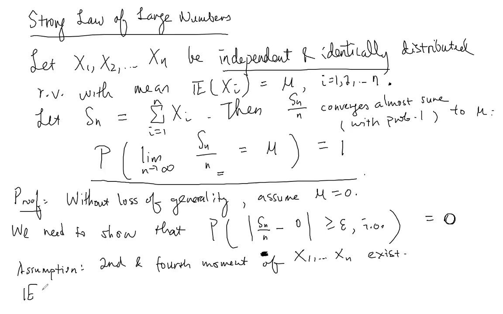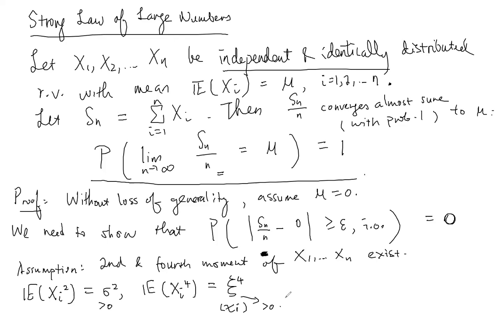And so we have the expectation of xi squared, so this is the second moment, is equal to sigma squared. And the fourth moment is equal to psi to the power of 4. So all these are definitely positive, yeah.